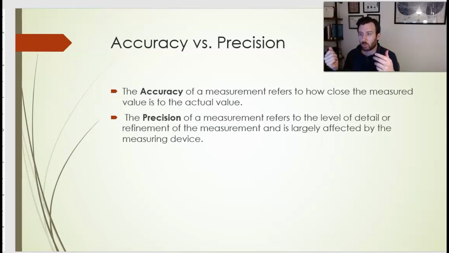Precision refers to the level of detail or the refinement of a measure. In other words, it's talking about, can I consistently get similar readings? For example, maybe my oven runs cold, but every time I set it at 300 degrees, it always ends up turning out 280 degrees.